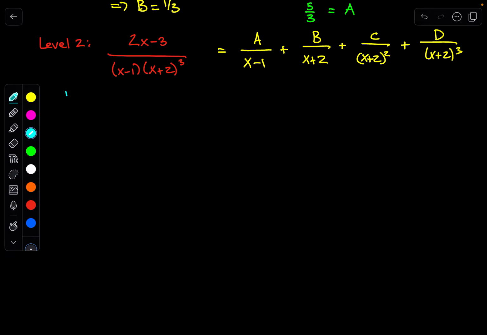So the properties here, the first property is we still have linear terms in the denominator, but some may repeat.